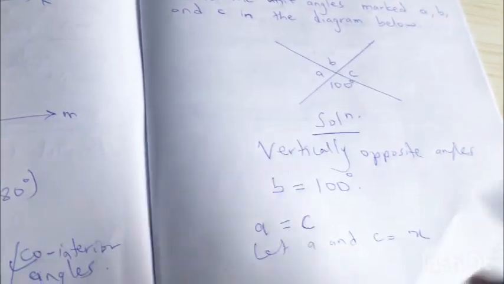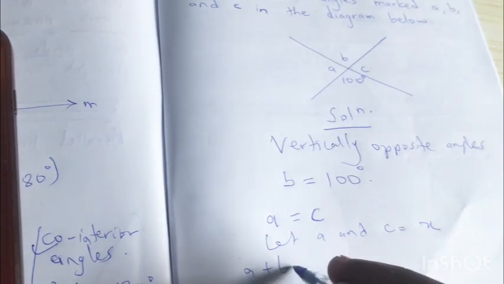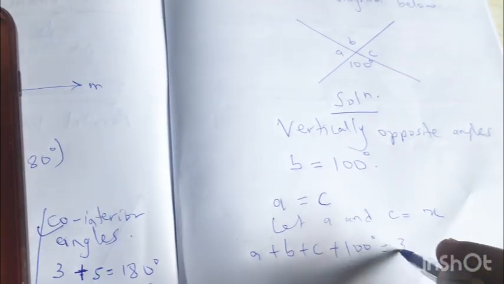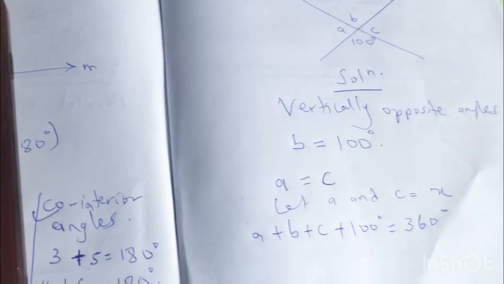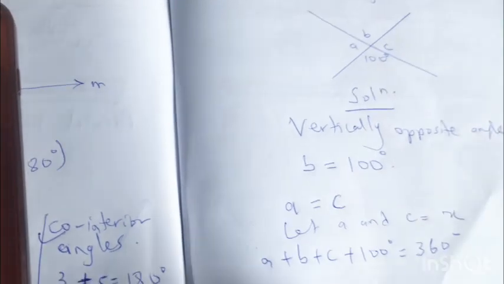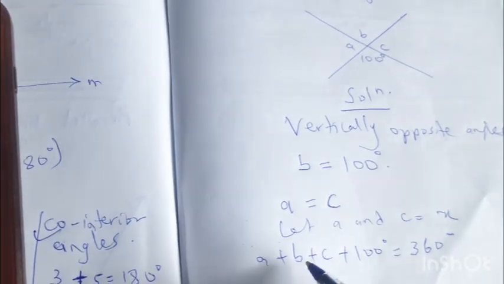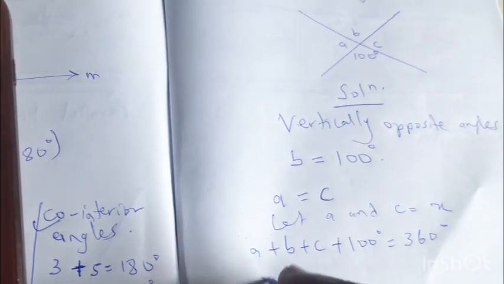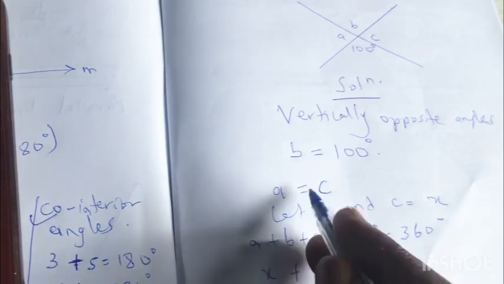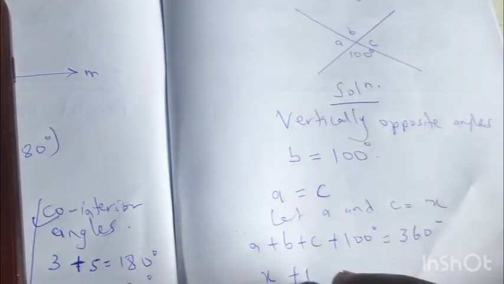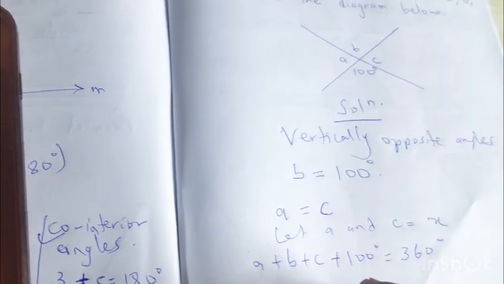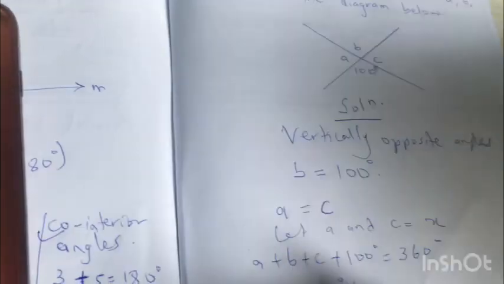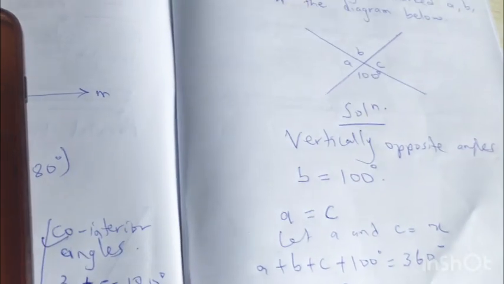So now let's add B plus 100 plus A plus C is equal to 360. So A plus B plus C plus 100 degrees is equal to 360 degrees. Then now, how are we doing it? A, we don't know. We say let A equal to x. So x plus B, what's the angle? 100 degrees plus C. What is C?